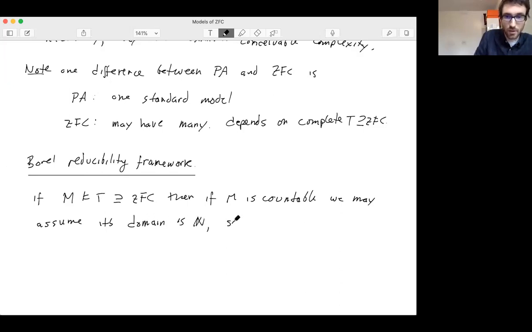So M is just determined by the structure on N, which is just an epsilon.